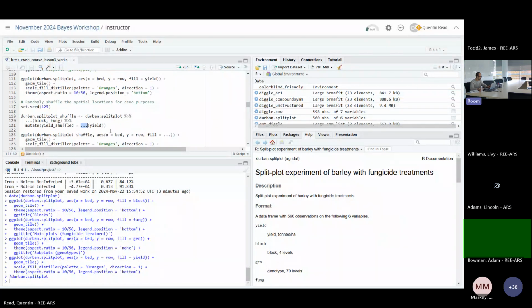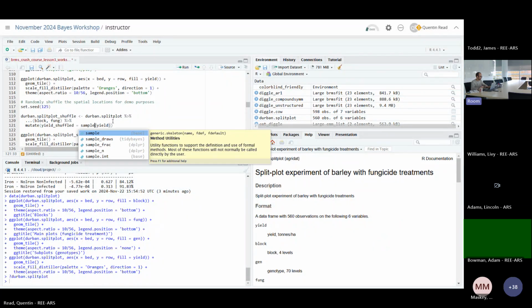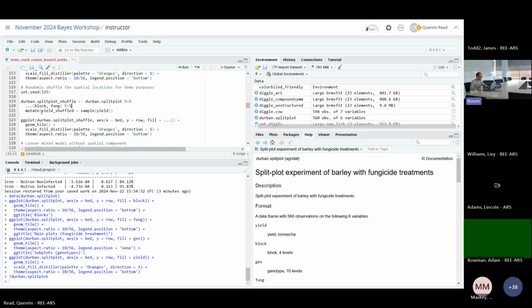We group_by block and fungicide, and make a new column called yield_shuffled, which is sample(yield), which means randomly shuffle the yield values in space. Then we make a new plot with the fill color being yield_shuffled. I'll run all that code.